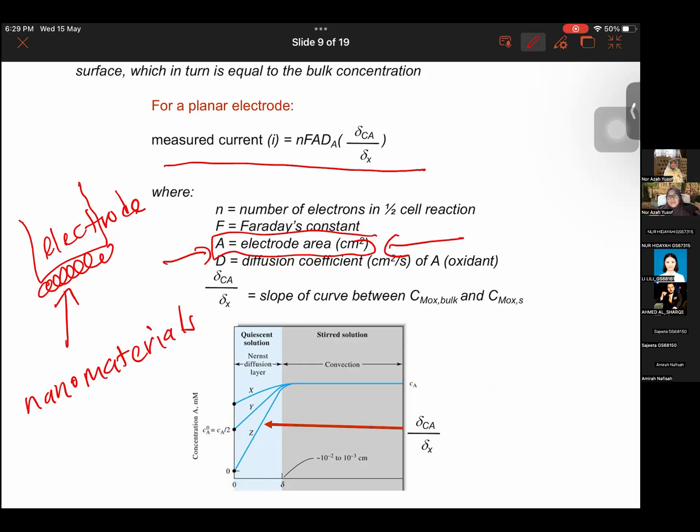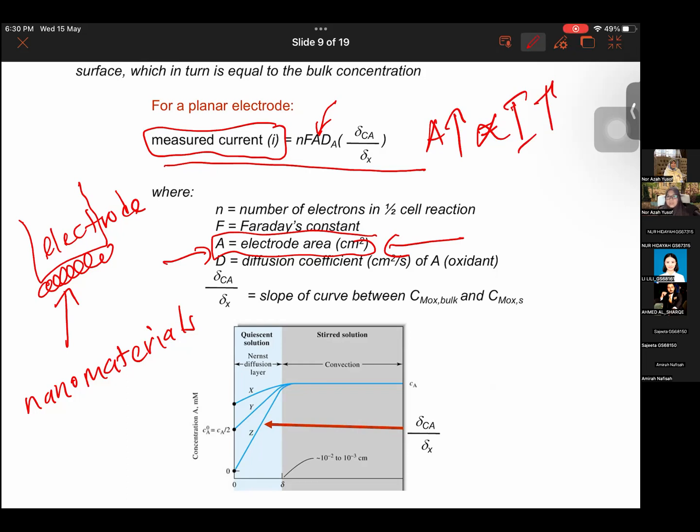If you look at A, it is directly proportional to current. If the surface area is greater, the A value is greater, so you can get higher current.